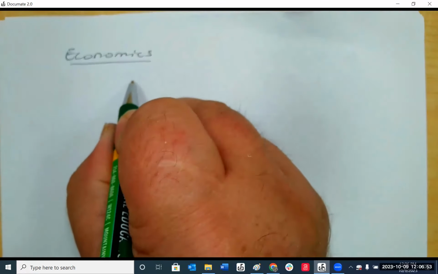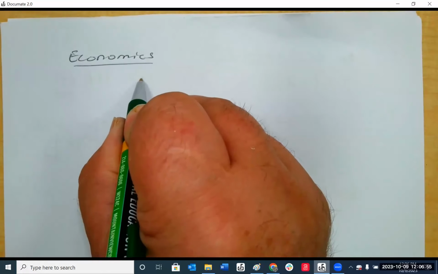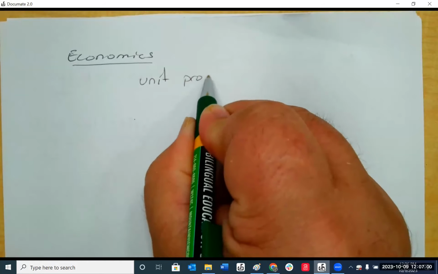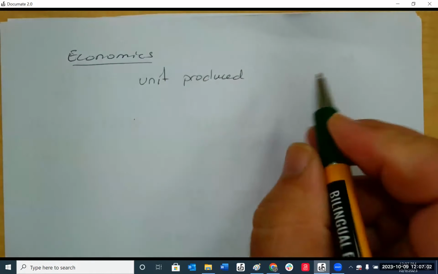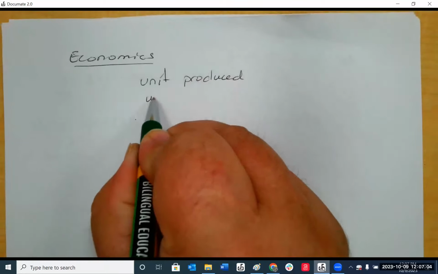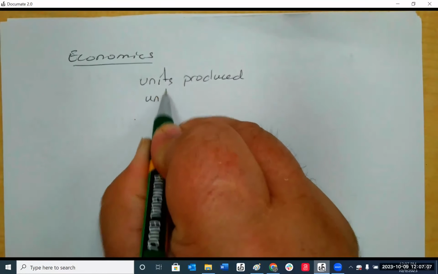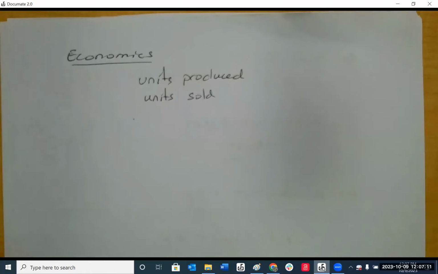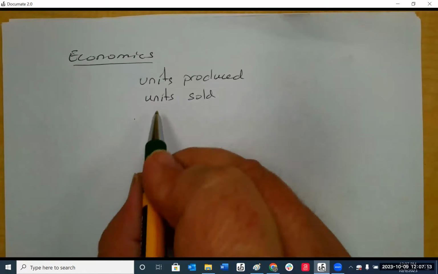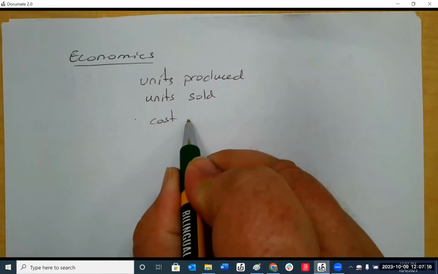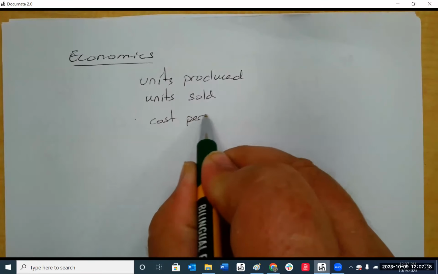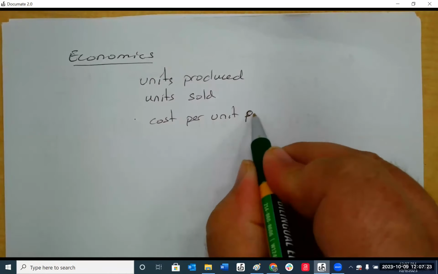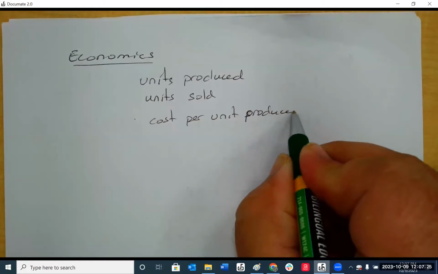Because in economics, you can look at units produced, units sold, the cost per unit produced.